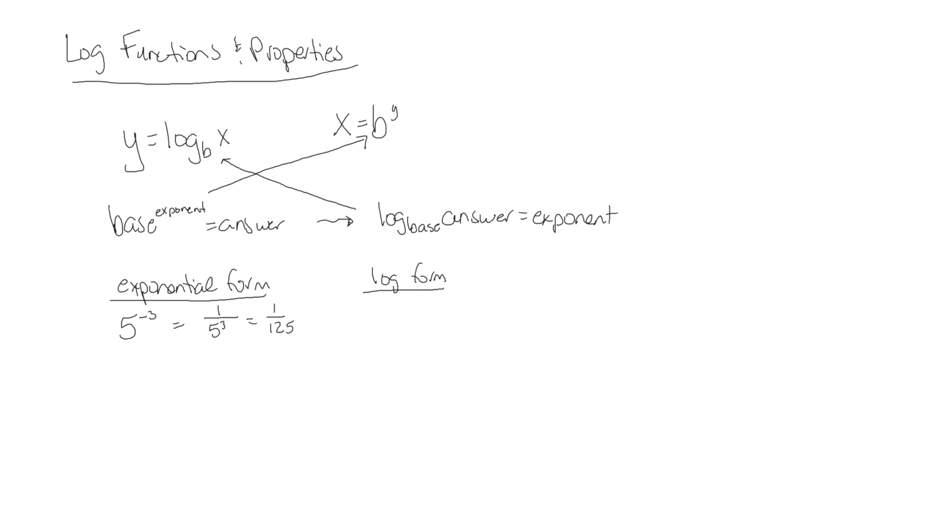So log to the base, answer equals exponent. How would I write that? Log to the base is the big number. That's how I remember it. The answer equals the exponent.